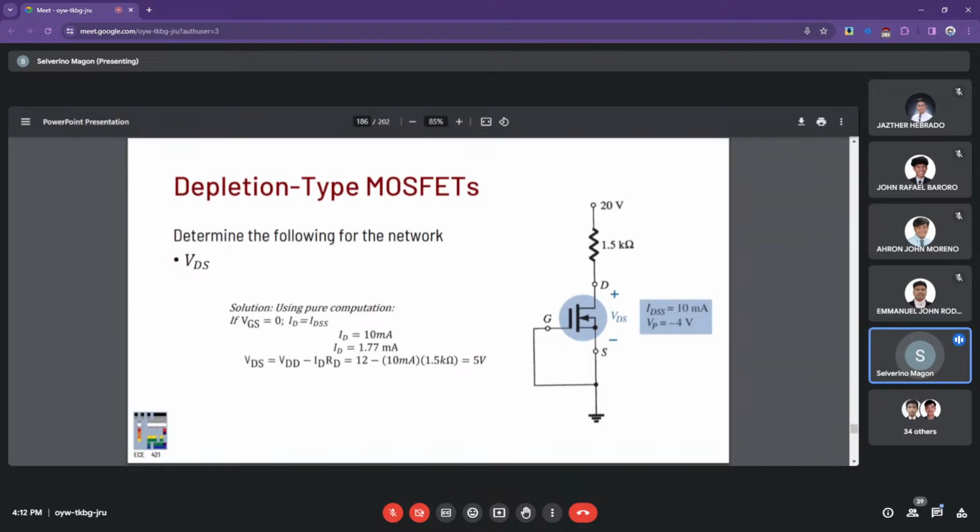So just through pure computation, for 0 VGS, we know that ID is equal to IDSS, then ID is at 10 milliamps.